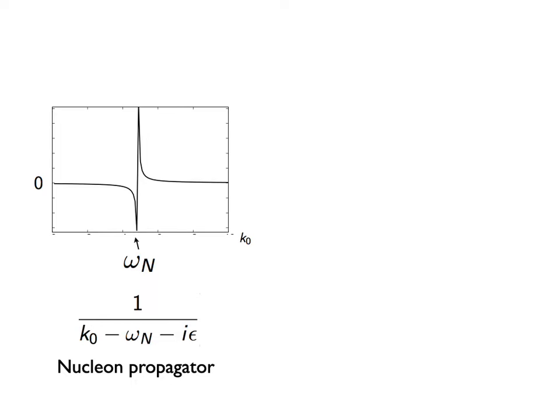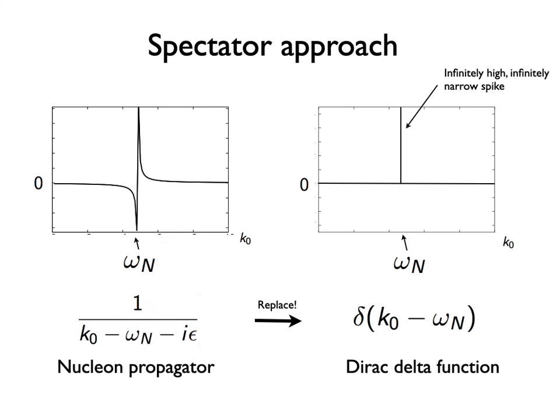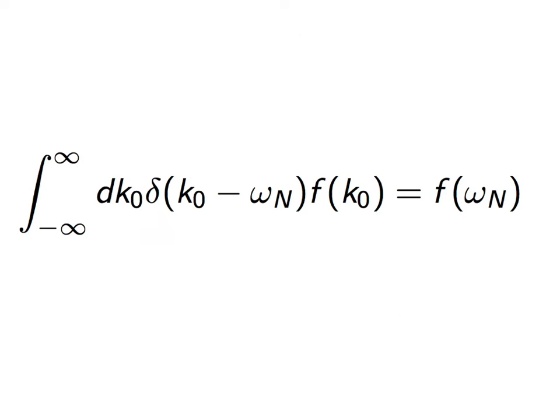Applying the spectator approach to this propagator would involve making this replacement. Although the delta function spike is infinitely high, it's also infinitely thin and is set up so that the area underneath it is equal to 1. This results in the delta functions having this property and the k0 integral becoming very easy to do by hand.